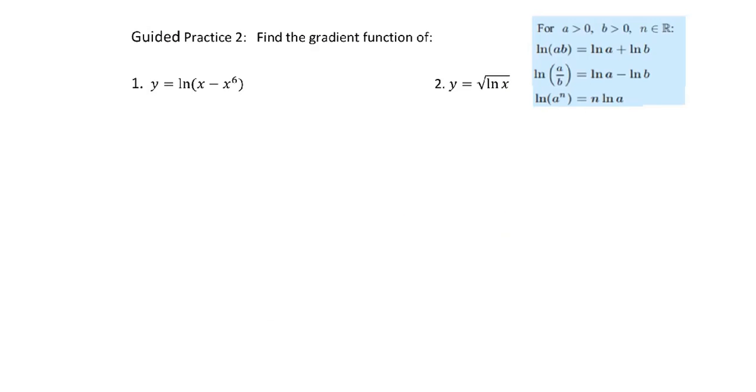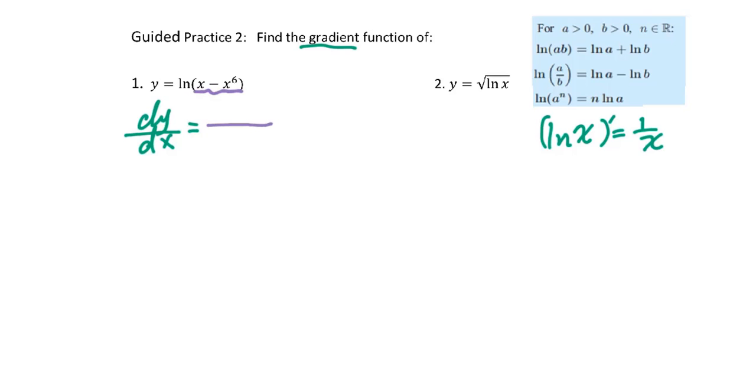Now let's go to guided practice. For number 1, find the gradient function of. Gradient function basically means derivative of function. So for the first one, you will get dy by dx equals. Here's the rule. Natural log of x, you will get 1 over x. Therefore, the outer function will be natural log, and then you use the chain rule to do inside.